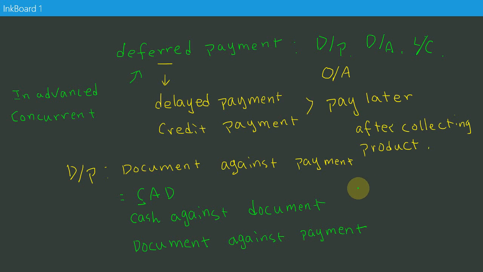Let's compare the details again. The cash and the payment are the same meaning but different terms, right? Document here is the same, representing shipping document.